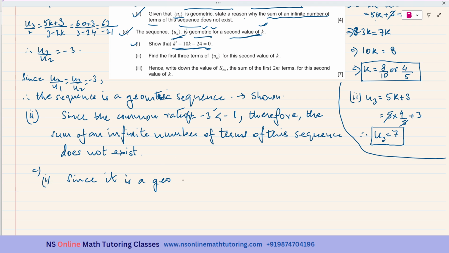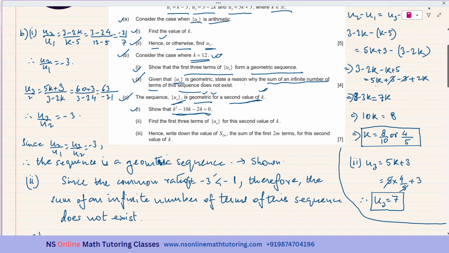Okay. So since it is a geometric sequence, u2 over u1 should be equal to u3 over u2. And what is u2 over u1 equal to? This is 3 minus 2k over k minus 5.